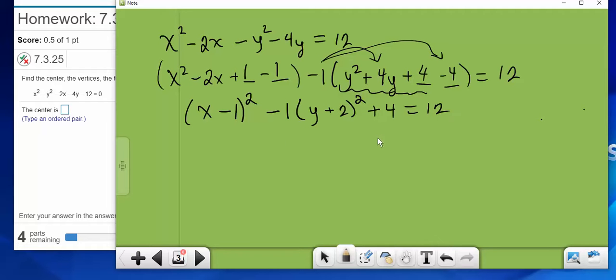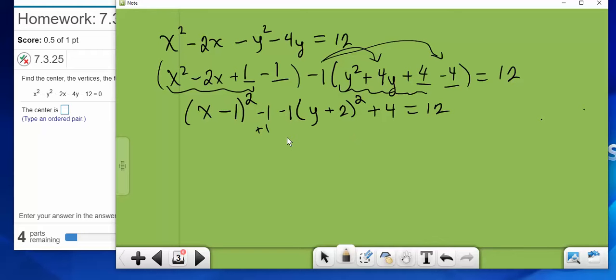Oh, what happened to the -1 here? I have the three terms as x minus 1 squared, and then the -1, and then I have this -1 that I talked about before.